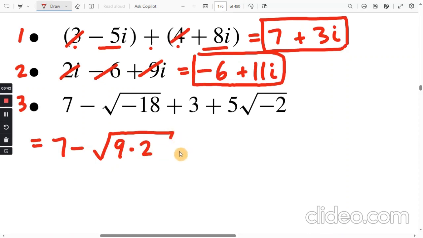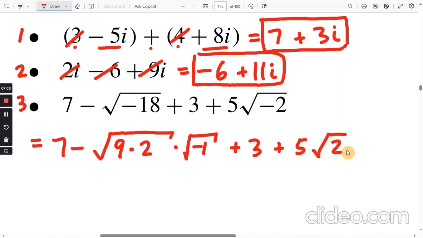And I'll put the negative 1 as a separate square root, square root of negative 1. Okay, 9 times 2 times negative 1, that's negative 18. We have plus 3. We have plus 5. And for radical negative 2, I'm going to make that radical 2 times radical negative 1. 2 times negative 1 is negative 2.